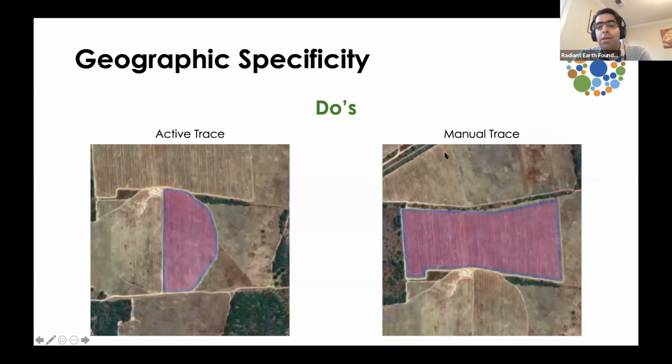But there are cases that the GPS doesn't collect the points regularly, and you need to manually ping a point and then record it in your database. In those cases, it's essential to capture all the corners of a field so we don't miss any corner and we don't overlap with another field. So in this case, the active and manual, both of them are really good solutions, but we should ensure that all the corners of the field are captured.